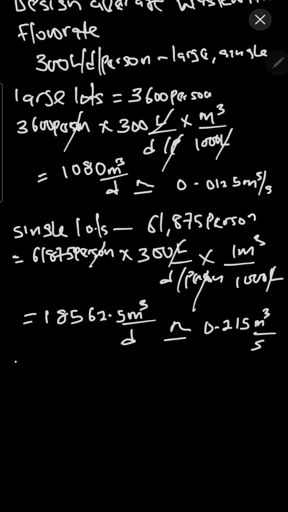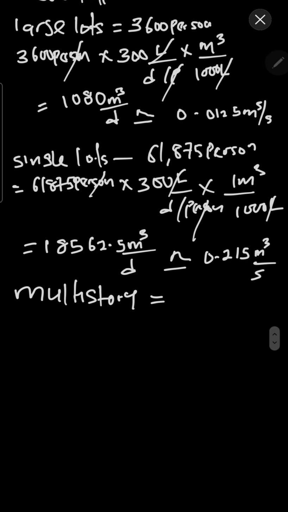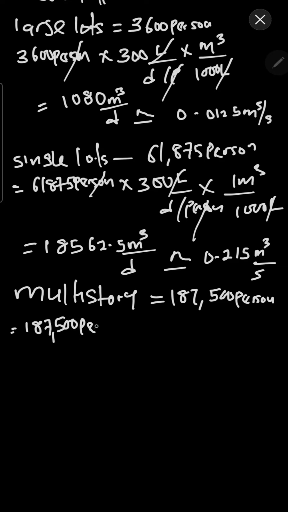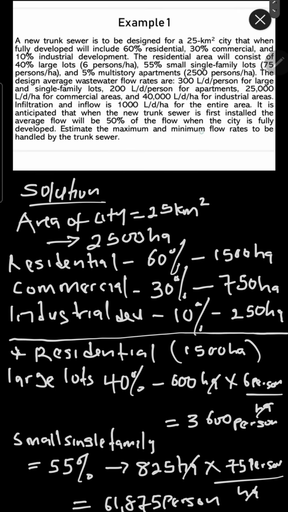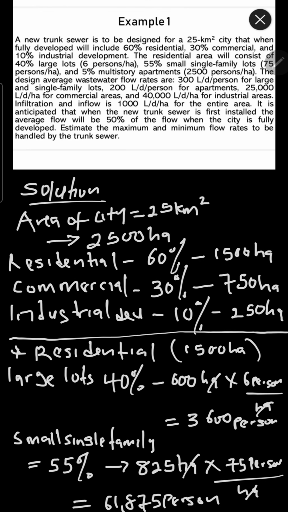So for multi-story, we have 187,500 persons, multiplied by the flow rate for multi-story, which is 200 liters per day per person for multi-story apartment.